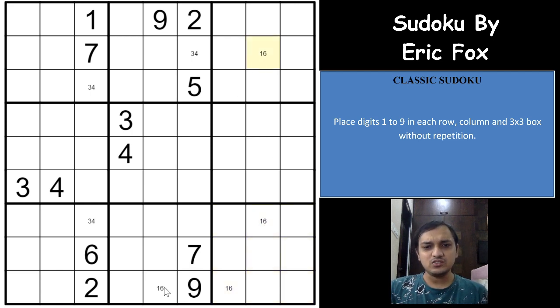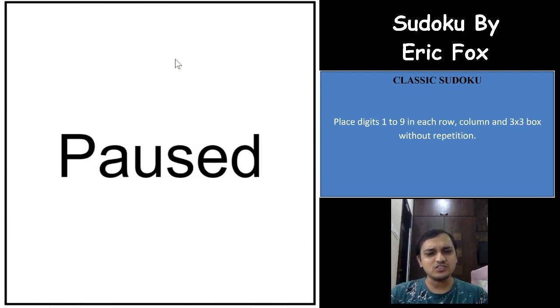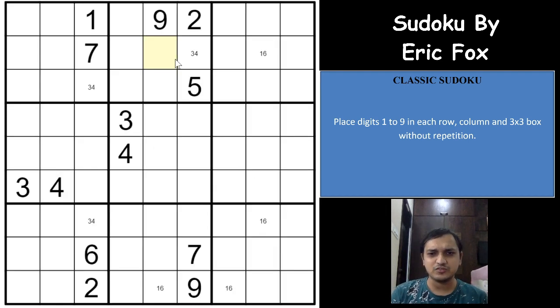Now these two cells see the common cell, which is this cell. This cell is already eliminated because you have a 1 and 6 pair in this box. So the common cell of these two cells is this cell, so you cannot have 1 and 6 in this cell. It's just a different kind of extension of this logic.